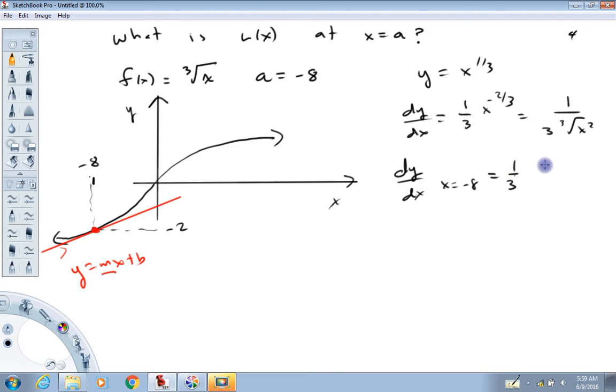1/3, and I think this is going to be a decimal, so I'm just going to run this through. I'm just going to put negative 8 to the minus 2/3. Give me a moment here, see what I get out of that.